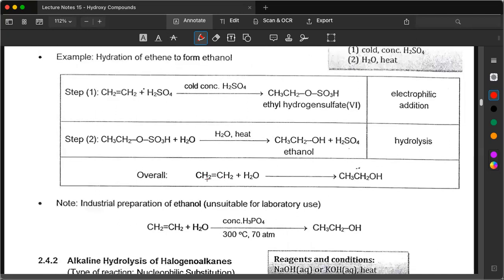The overall equation is the hydration of ethene to form ethanol. This is what we are familiar with at O level, but these 2 steps are actually the mechanism of the reaction, broken down into 2 steps.